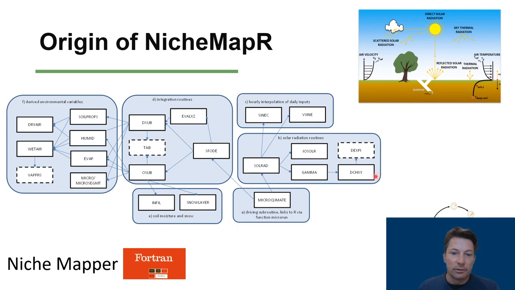This is the scheme of the microclimate model that comes with the NicheMapR package. Warren and his colleagues realized they needed a sophisticated model of the microclimate to solve the heat budget equations that they were interested in.